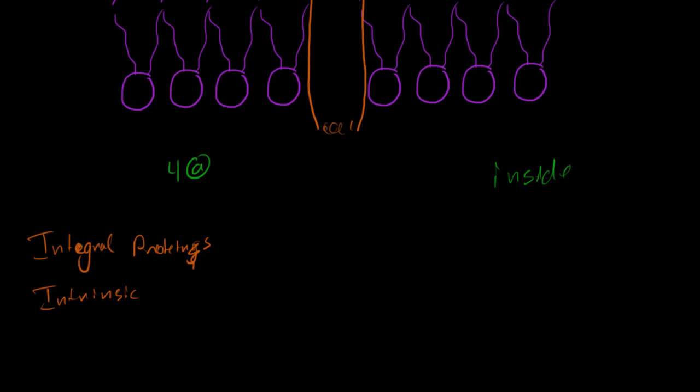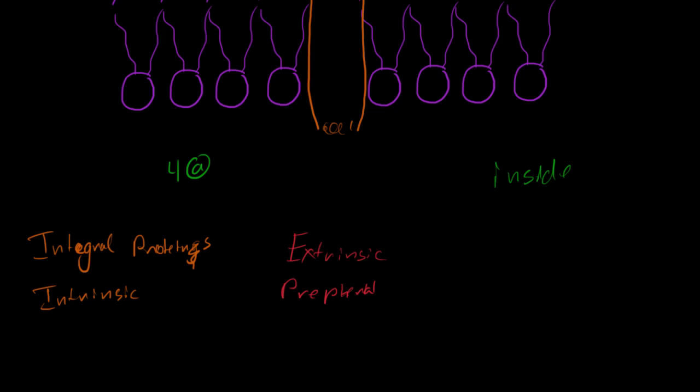Another type of protein that we have is called extrinsic, or peripheral.